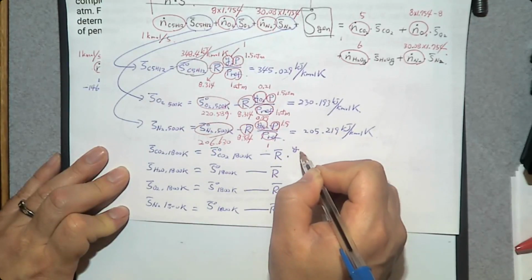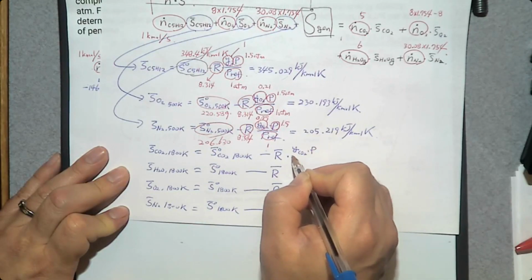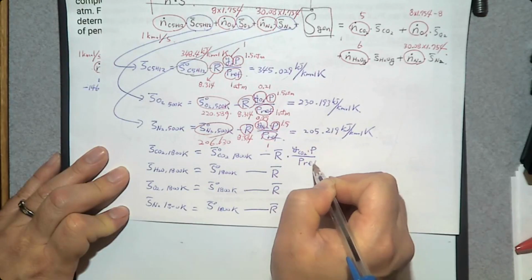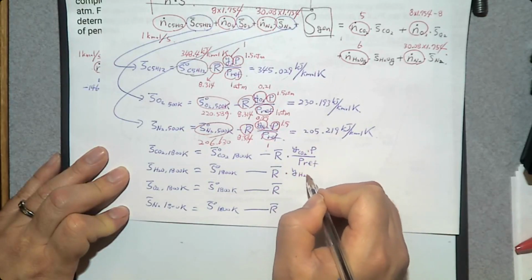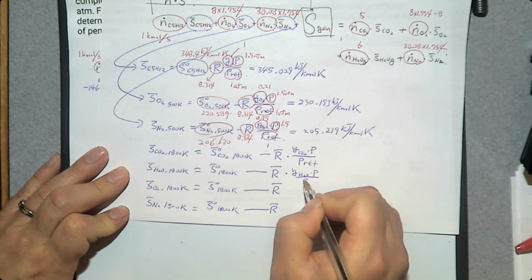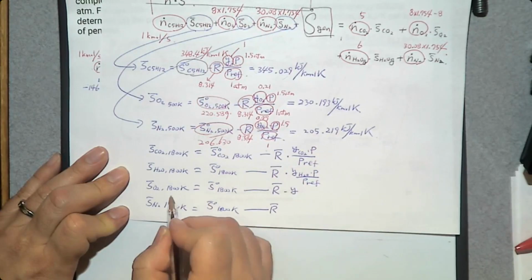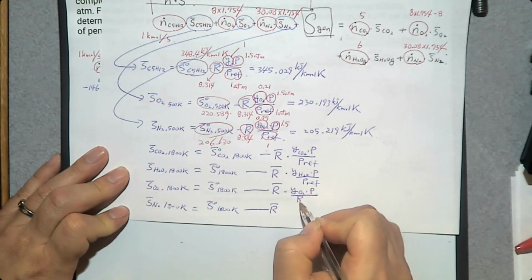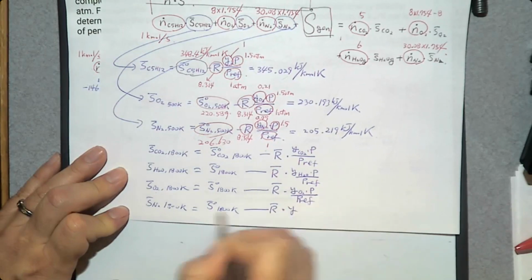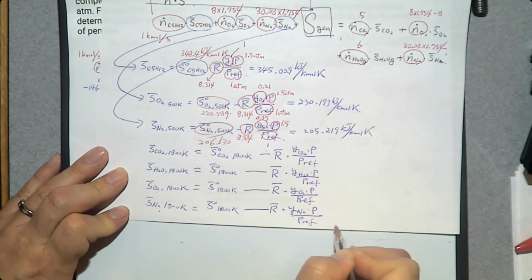So the mole fraction of carbon dioxide times pressure at the exit divided by reference pressure, which is 1 atm. Y of water times pressure divided by reference pressure. Y of oxygen times pressure divided by reference pressure. Y of nitrogen times pressure divided by reference pressure.